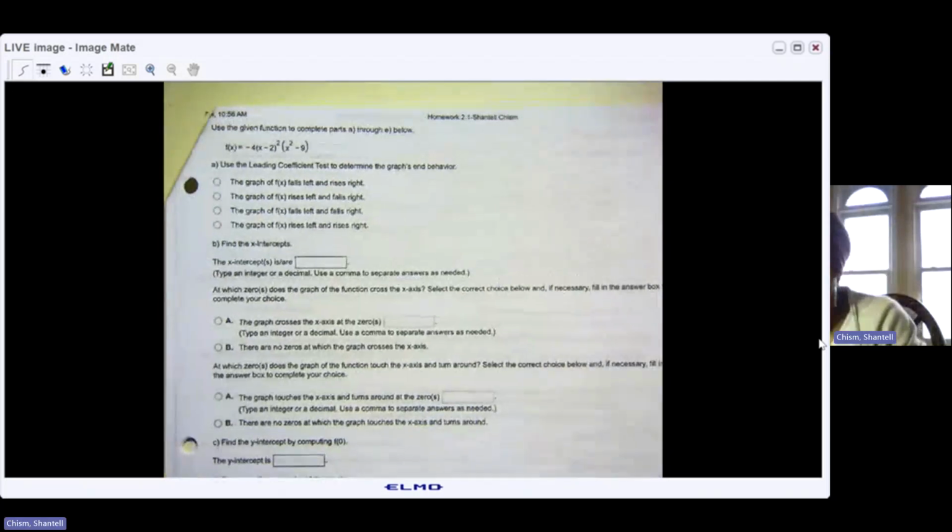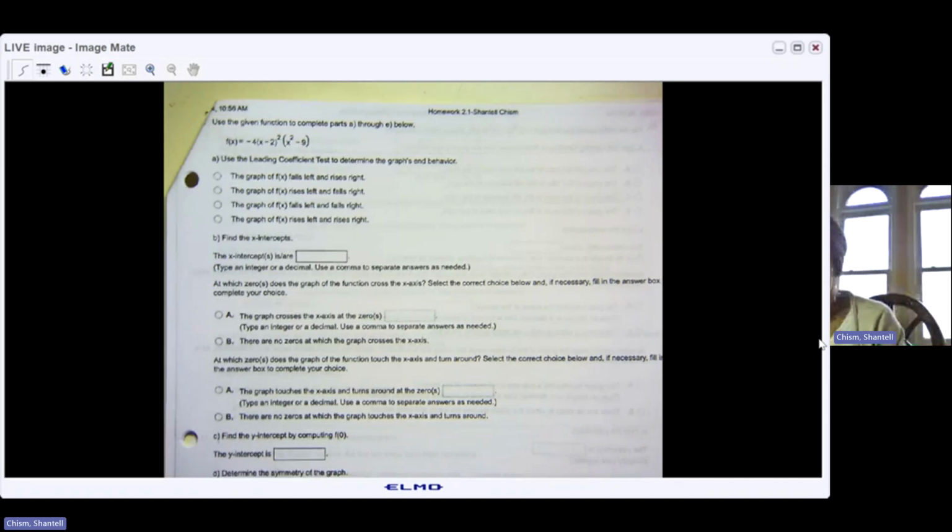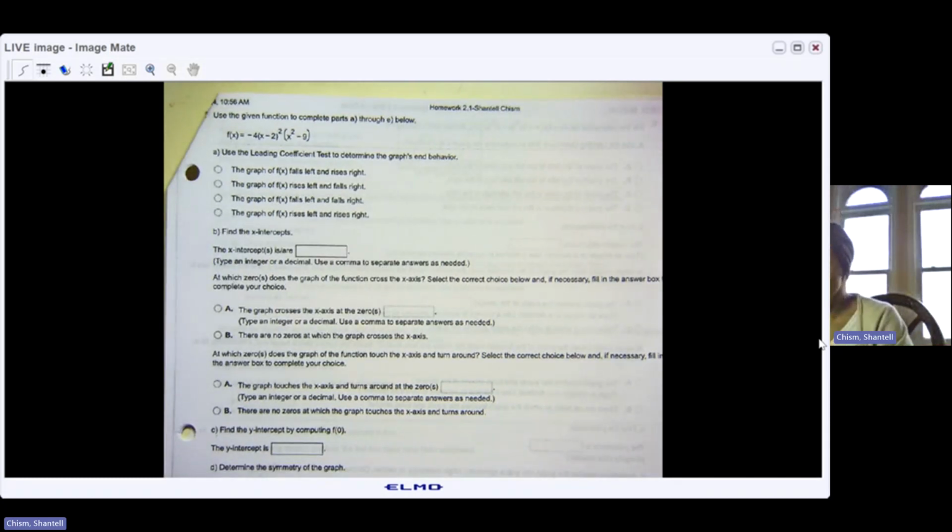Yes. So on this one, it says use the given function to complete parts A through E below. The first part says use the leading coefficient test to determine the graph's end behavior. Now keep in mind, of course, you do have a calculator, so we can look at the graph as well to see what's happening.